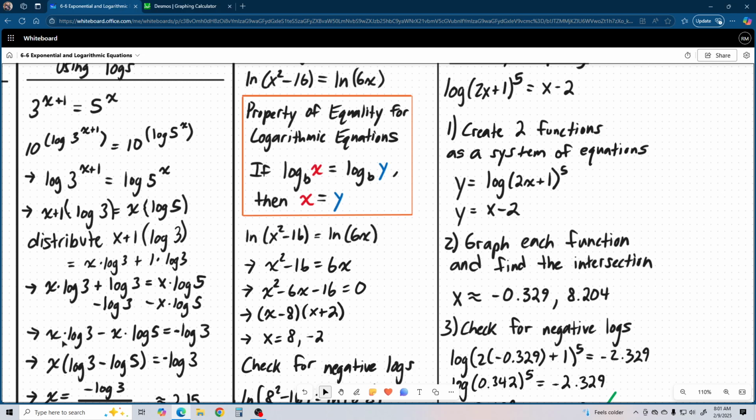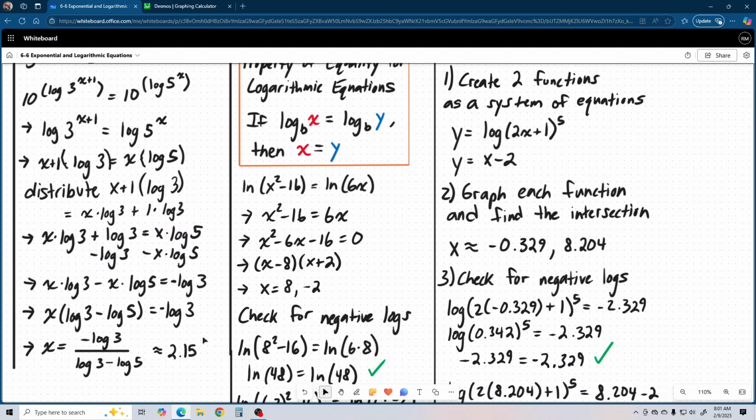So when we do that, we'll get x times log 3 minus x times log 5 equals negative log 3, or negative 1 times log 3 is really a better way of looking at it, right? So all we did was we subtracted this and we subtracted this, and it kind of simplified here.